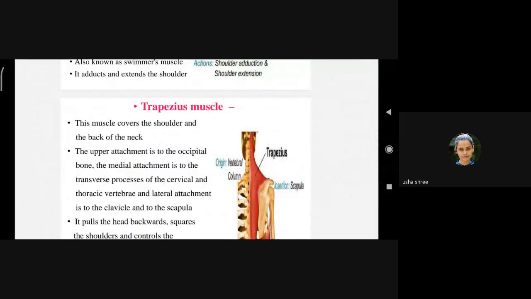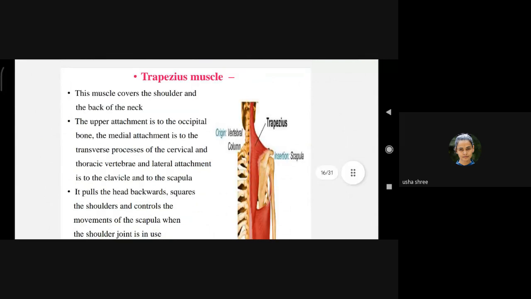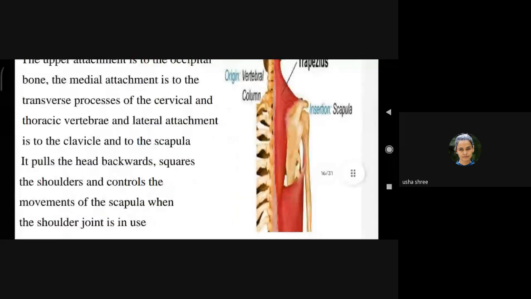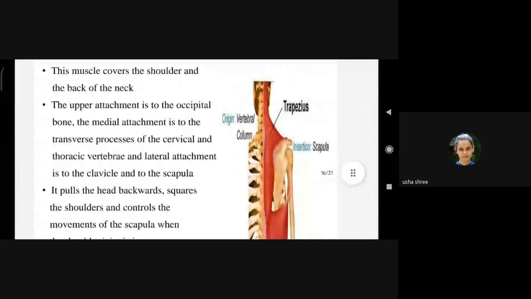The trapezius muscle covers the shoulder and back of the neck. You can see here the picture of the trapezius muscle. Its shape is like a trapezium. That is why its name is trapezius.